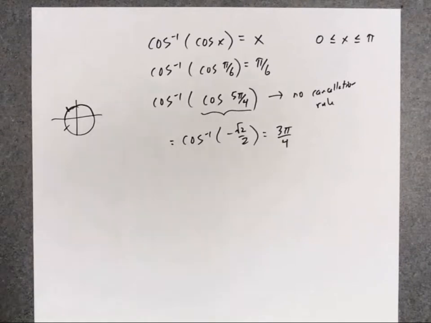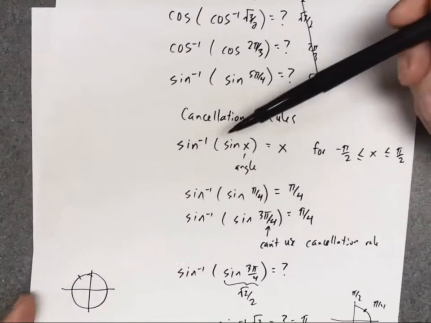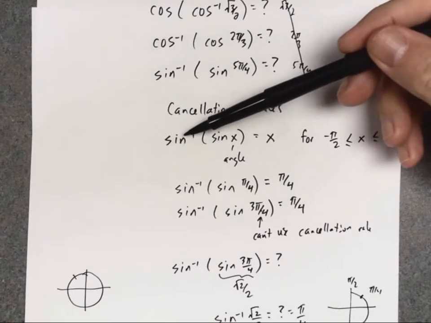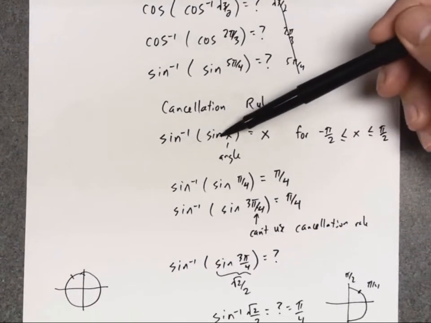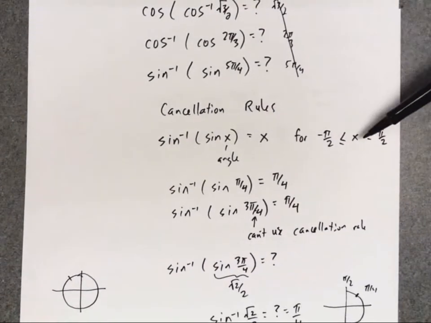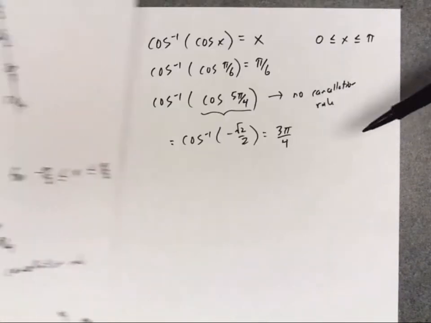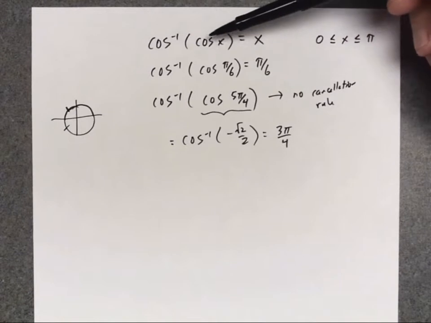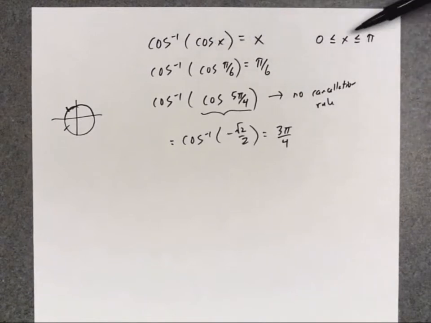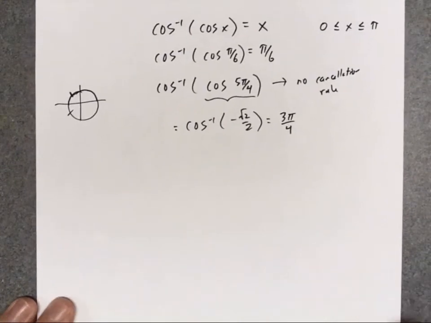So just to keep this straight, when you take the inverse sine of the sine, the cancellation rule works if the angle is between negative pi over 2 and pi over 2. If we take the inverse cosine of the cosine, the rule works if we're between 0 and pi. Now, just to make it more interesting, we can switch these.